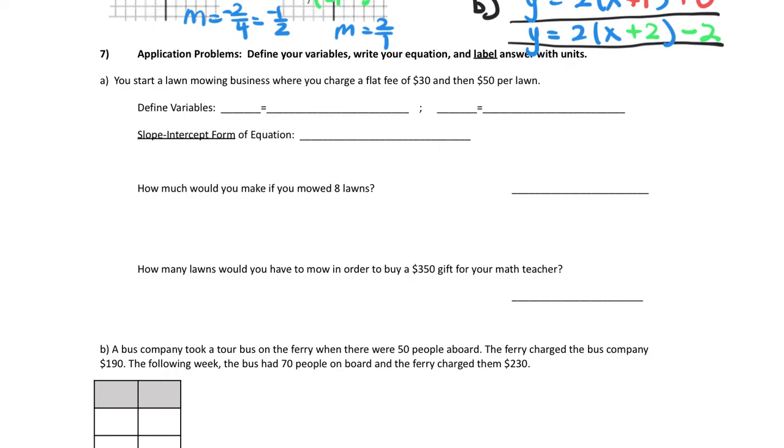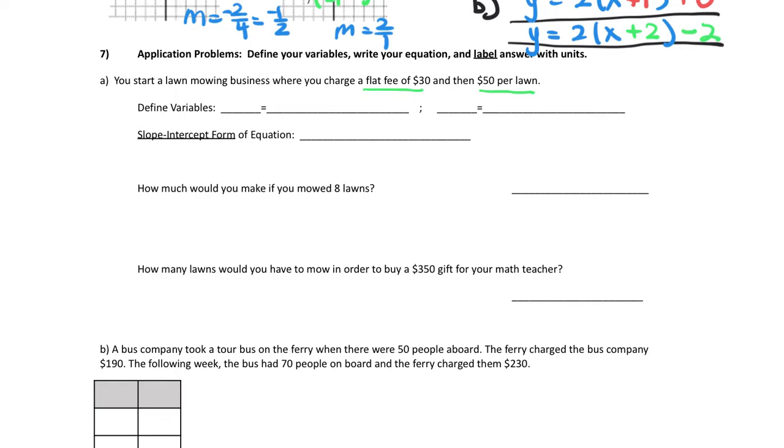So to define my variable, we have to read our scenario and figure out what we're talking about. So we're talking here, we have a lawn mowing business where you charge a flat fee, and then we have a cost per lawn. So we have number of lawns and the amount of money we make, or revenue. And so it's up to you.